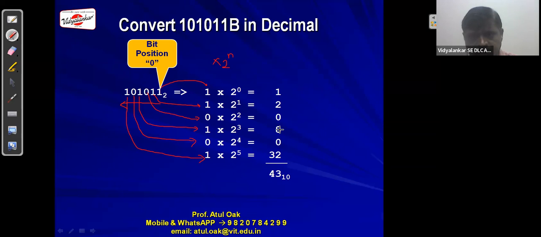So if you add 32 and 8, 40. 40 plus 2, 42. 42 plus 1, 43. So this value is 43 in decimal. So by using the multiplication algorithm, we convert binary data into decimal.